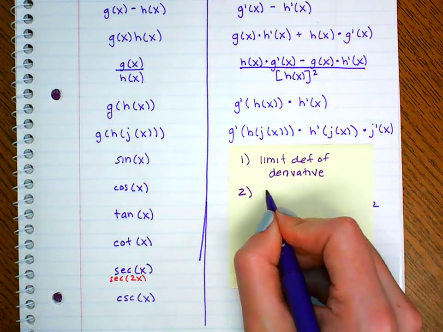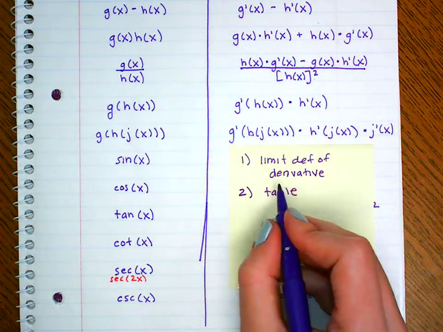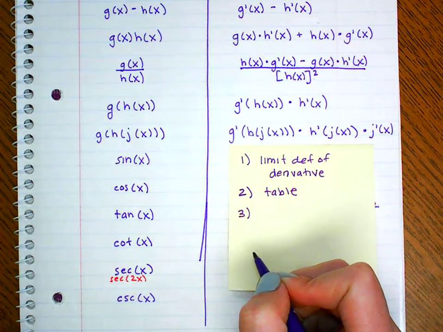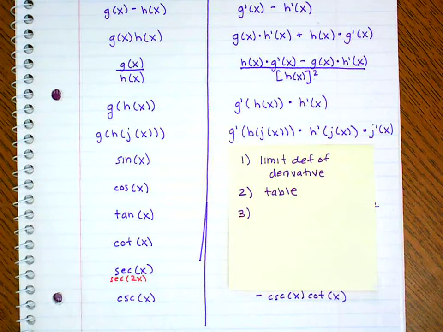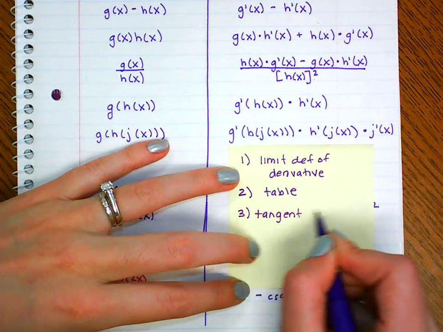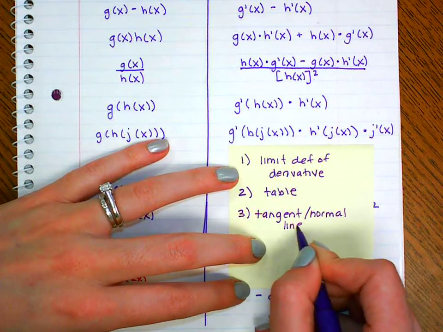Make sure you can do problems involving tables, like number 24 on the review. Oh, make sure you guys can do tangent and normal lines. If you know everything on this page, and you can do these 3 things, I think you'll be in pretty good shape.